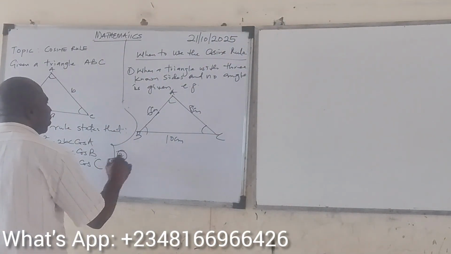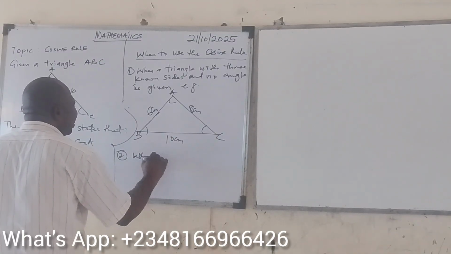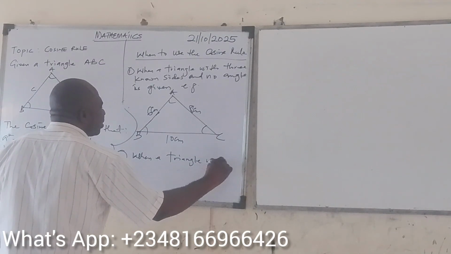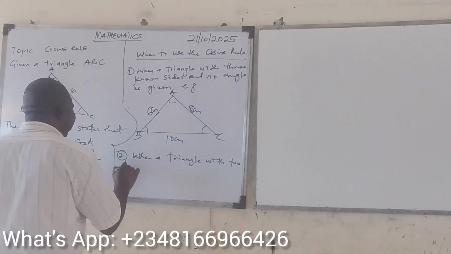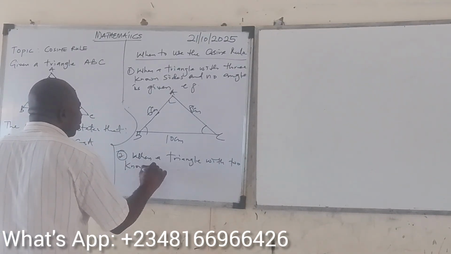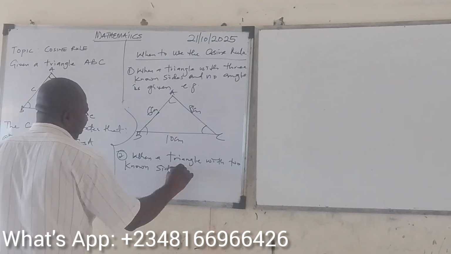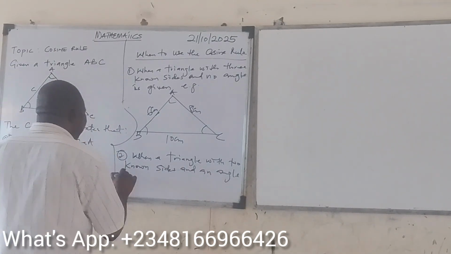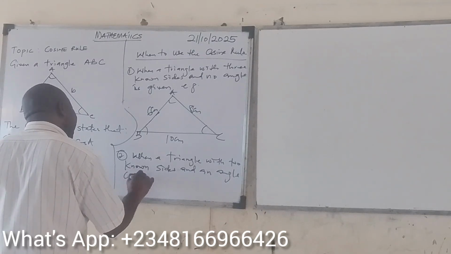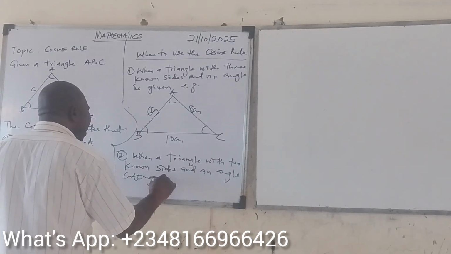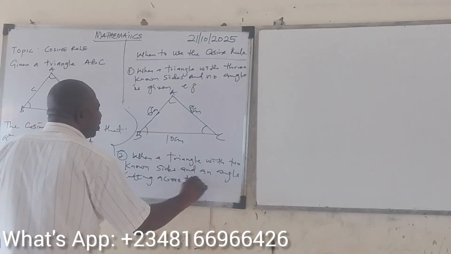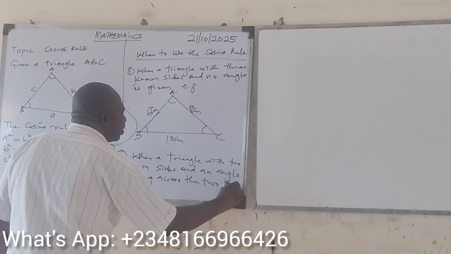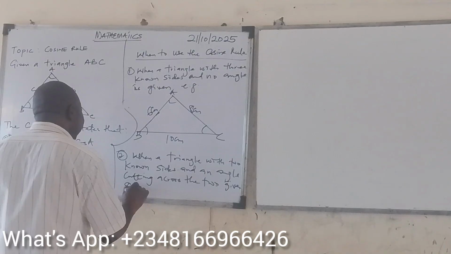Now number two, when a triangle with two known sides and an angle cutting across the two given sides.